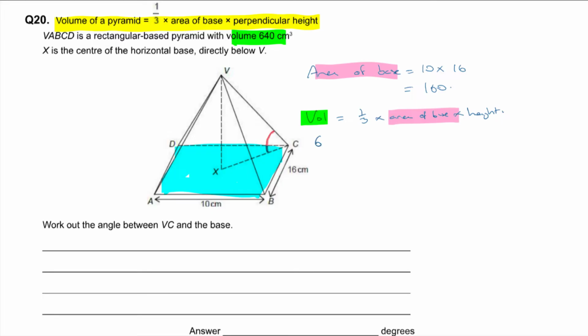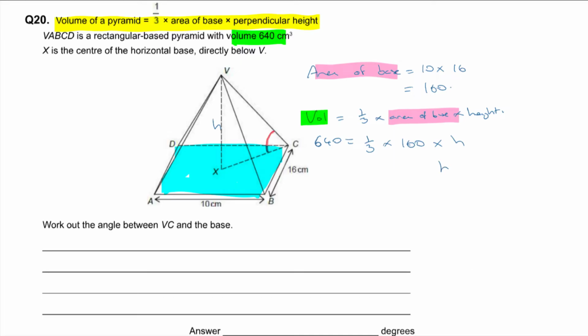So let's sub in the things that we know then. So 640 is equal to 1/3 times the area of the base, which is 160, times the height. Okay, which we're going to find. Just put height in there so I know what I'm finding. So rearranging that then, I'm going to cross multiply that 3 and 160.